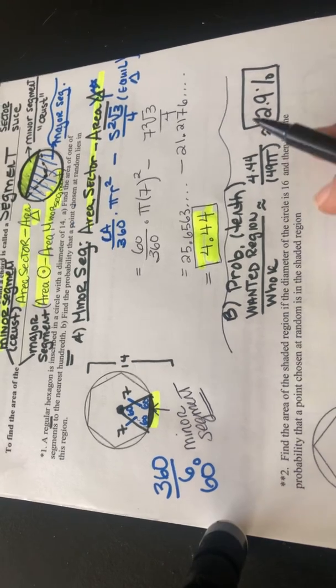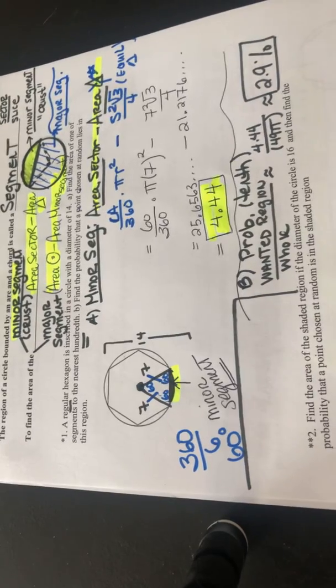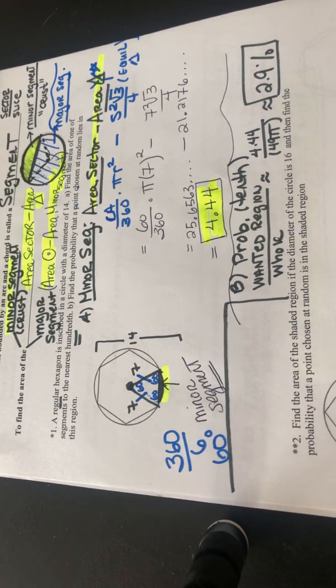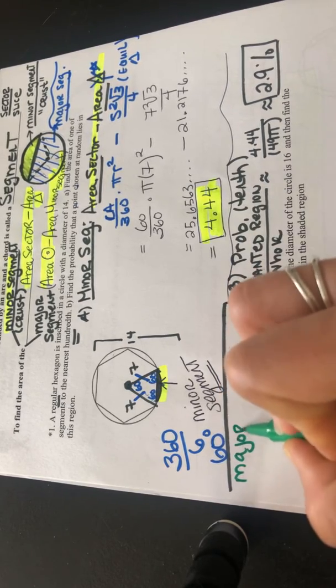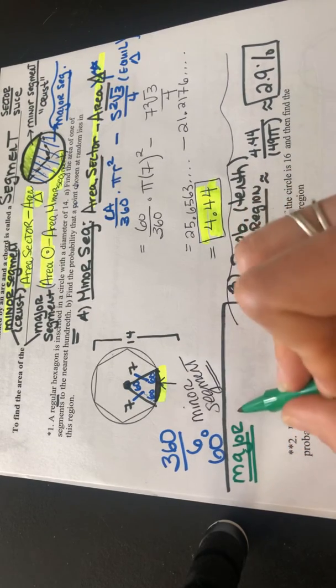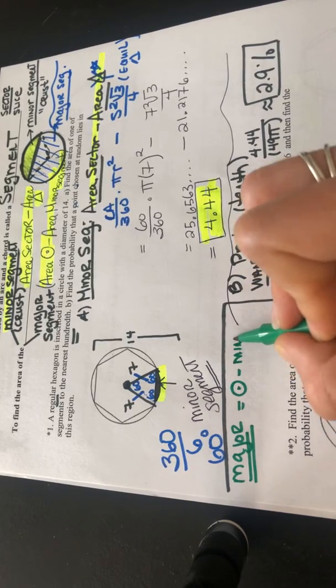Actually, before we go on to the next question, I know it's not asked, in case some of you were wondering, not that you would be, but in case you're curious, how do you find the major? I just want to show you the major. Again, I would only ask you the major if I asked you the minor. So what we do for the major is you just take, again, the area of the circle minus the minor.